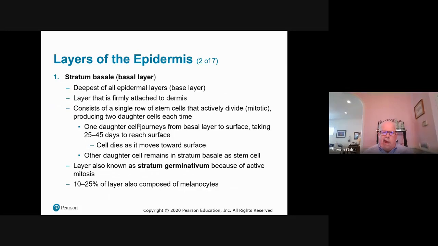Stratum basale, the basal area. The basal area is the most active area. It is the base. It is where all the cells are born. It is also known as stratum germinativum, which means that the cells germinate in the basal layer. So all the cells that make up the 5 layers of the epidermis come from the basal layer.